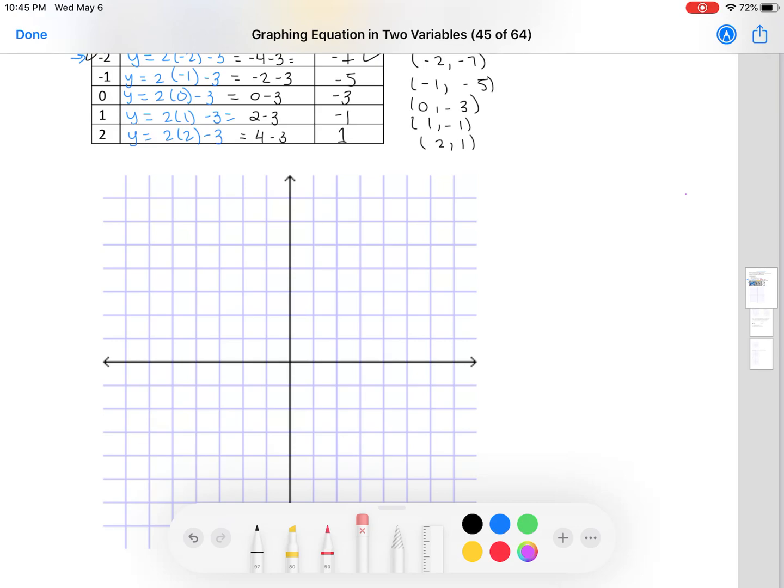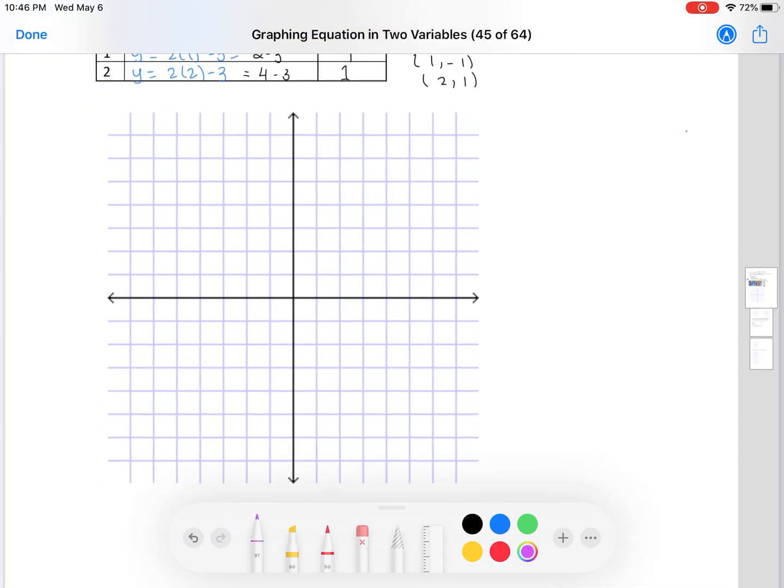If we plot them, we have negative 2, right here, negative 2, negative 7. Negative 2, all the way down to negative 7, which is there. We have this point here.